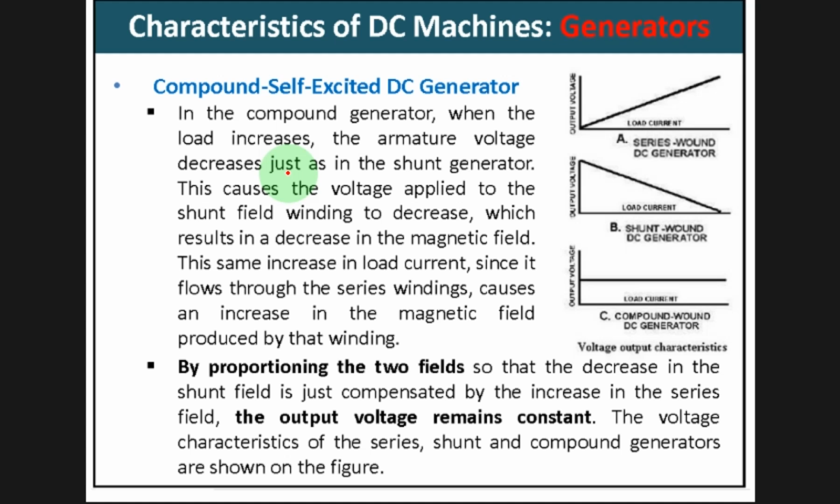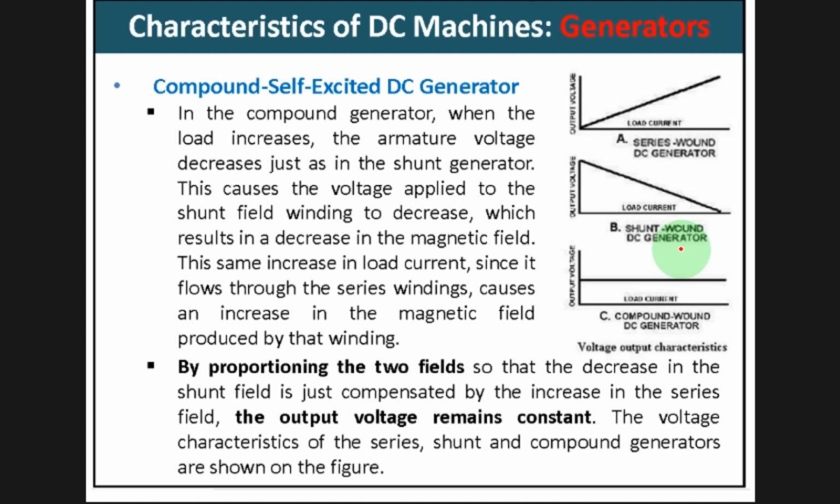Therefore, by proportioning the two fields so that the decrease in the shunt field is just compensated by the increase in the series field, the output voltage remains constant. That is depicted by these two graphs here. This is the series wound DC generator: when the load goes up, the voltage goes up.